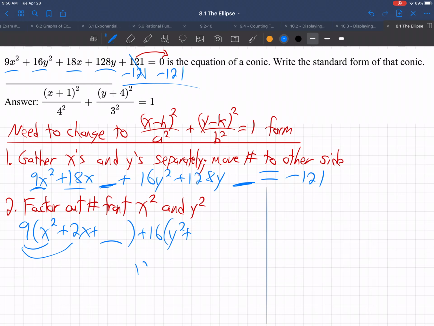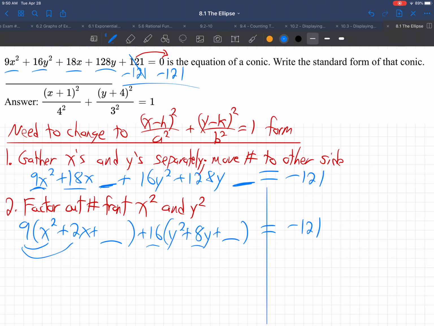You divide in your calculator. Take 128, divide by 16. Is it 8? Yeah, it's 8. y, and again, leave a blank, equals minus 121. Right? Because 16 times 8 will go back to 128.